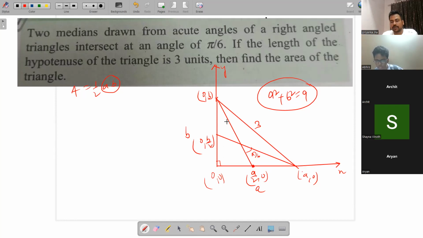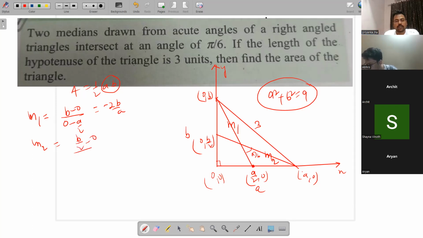So suppose the slope of this line is M1 and the slope of this line is M2. Find M1: the slope of a line joining two points, that is B minus 0 upon 0 minus A by 2, that is minus 2B by A. M2 is for this, that is B by 2 minus 0 upon 0 minus A, so this should be minus B by 2A.